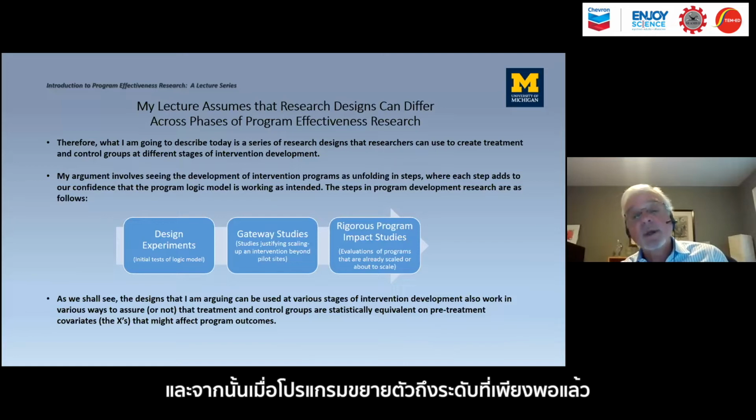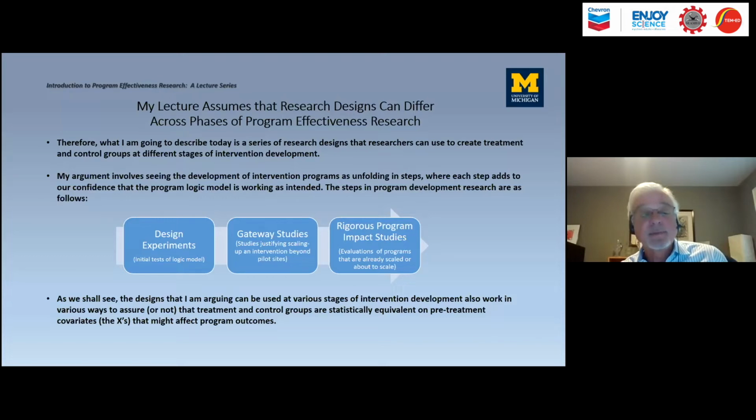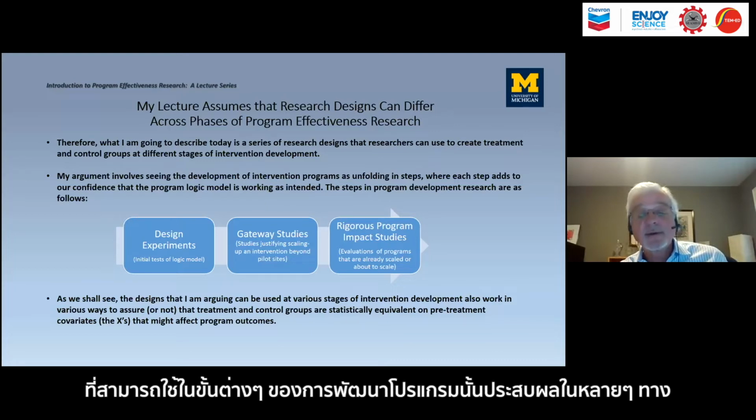And then when a program has reached sufficient scale, it is time to conduct rigorous program impact studies.